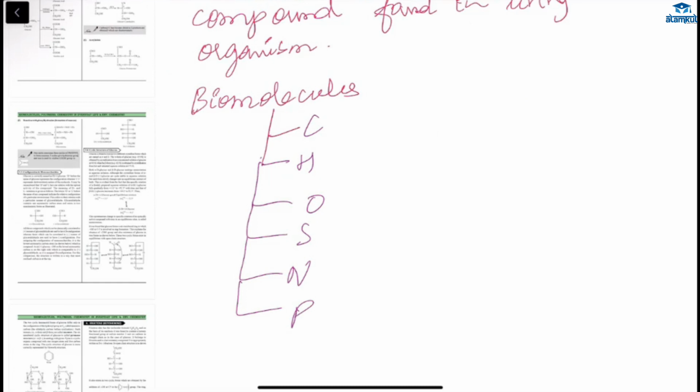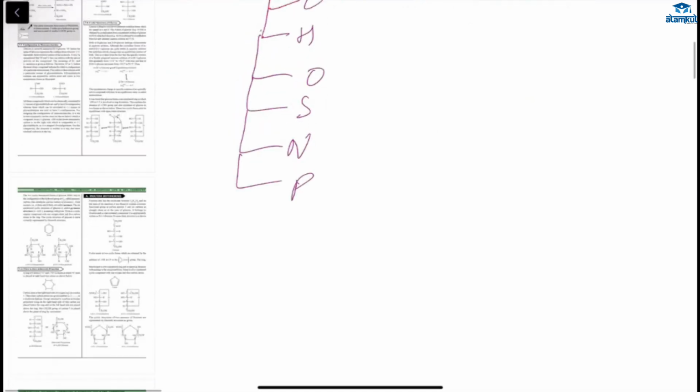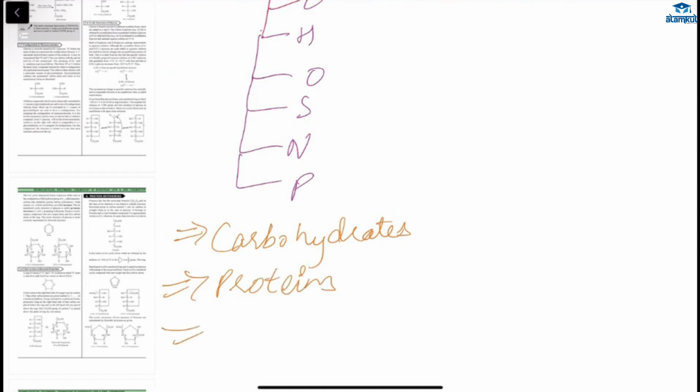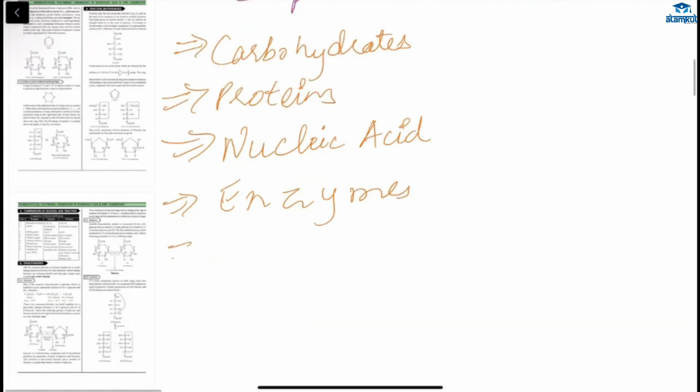They form biomolecules. And inside the living organism, what are the main biomolecules which we have to study? We have to study carbohydrates, proteins, nucleic acids, enzymes, and also some vitamins. Nucleic acids include DNA and RNA.